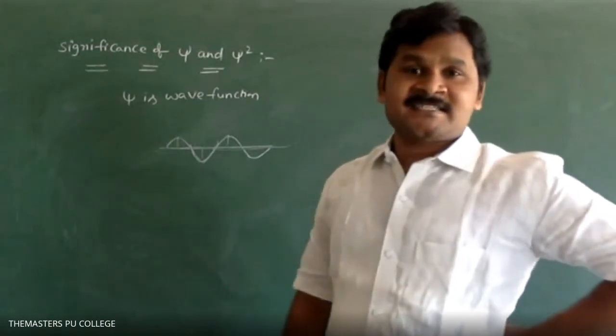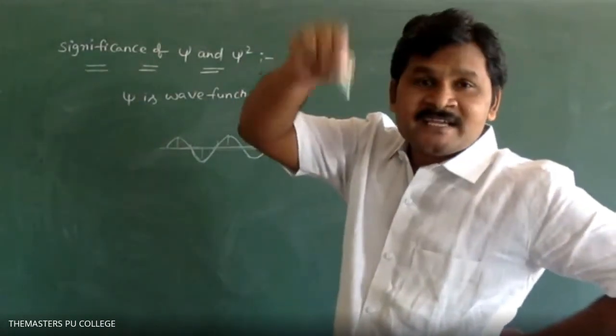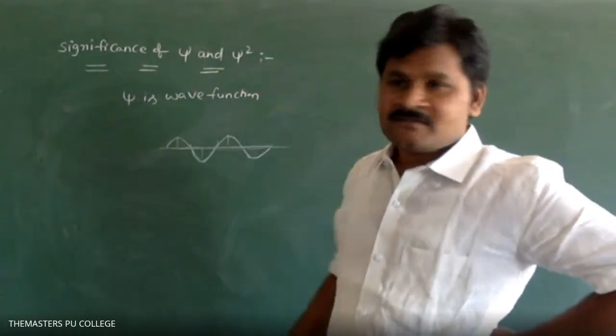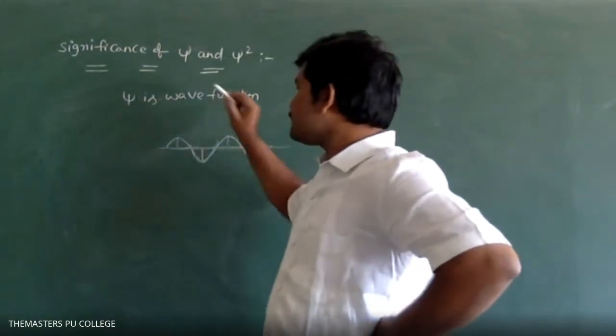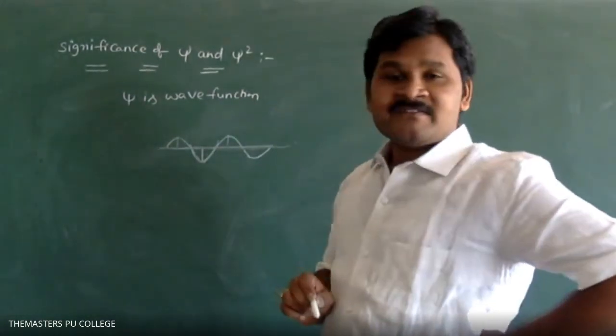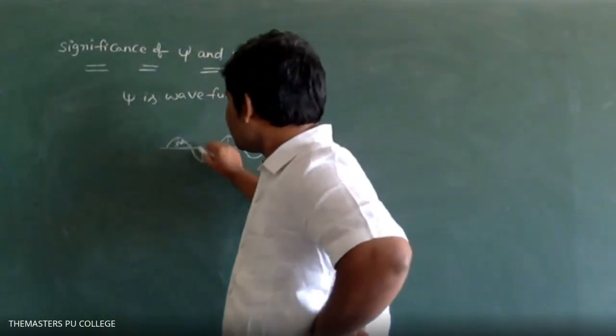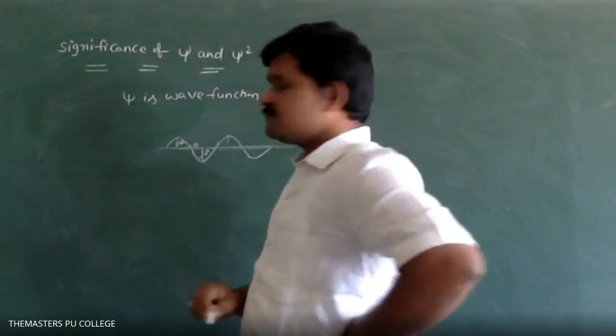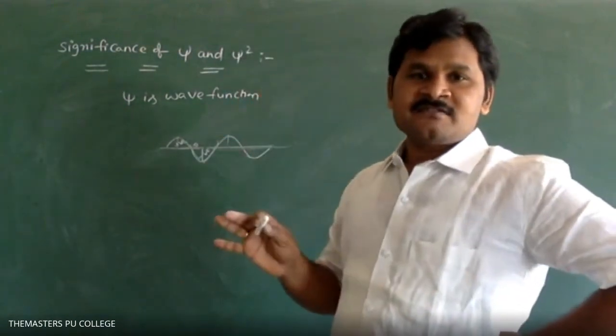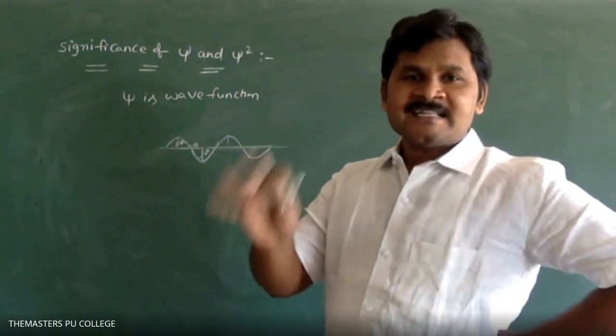Below the axis, at the depth of the trough, we take the psi value as negative. When will we take zero? On the axis, on the line. Above the axis positive, below the axis negative, on the axis zero.